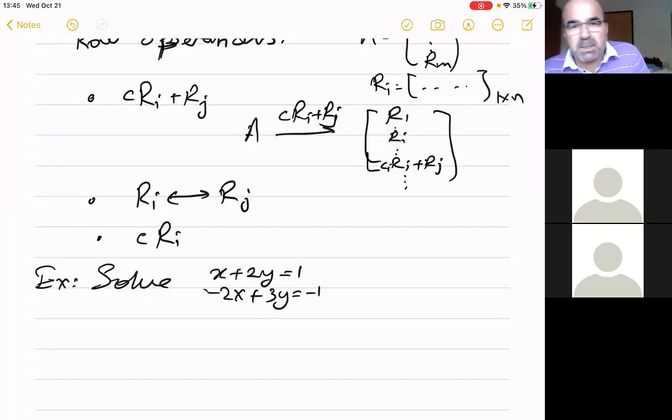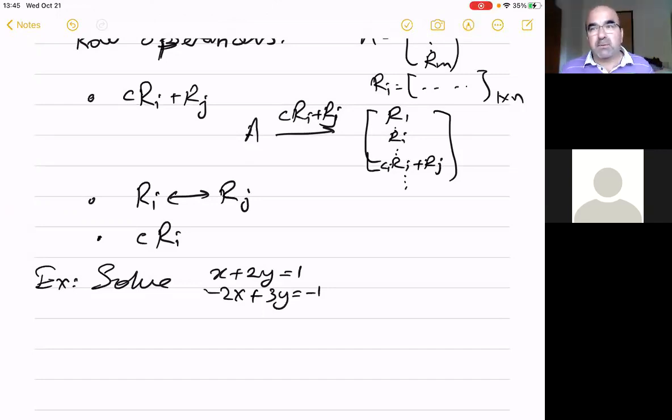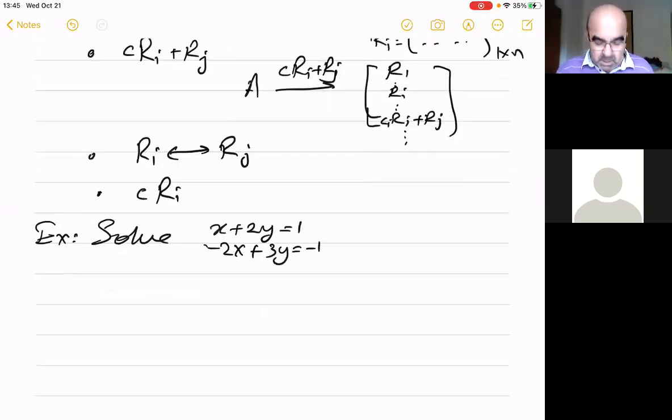This is a smaller system, but we will do it in a systematic way so that the same method will work for larger ones.